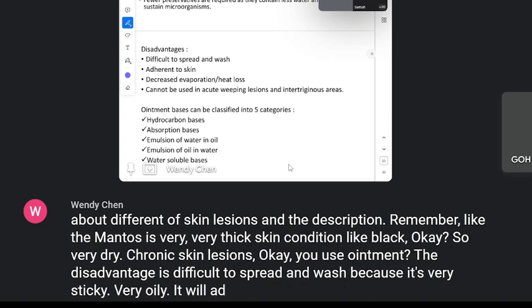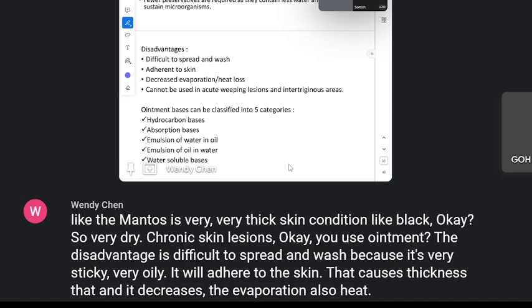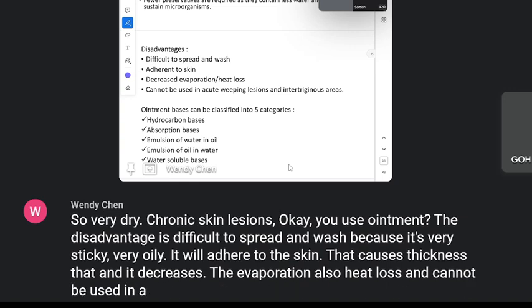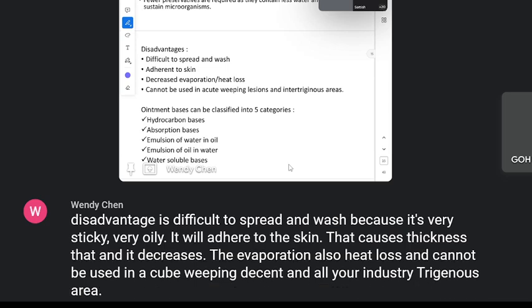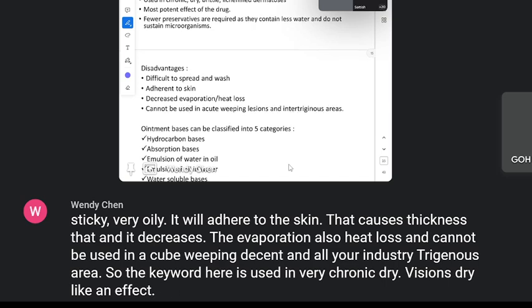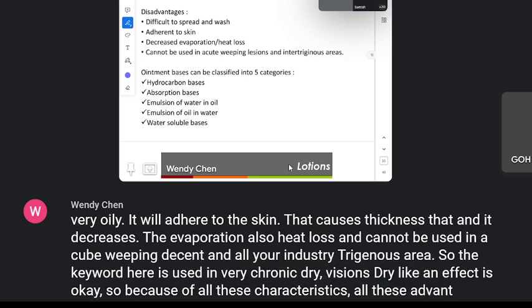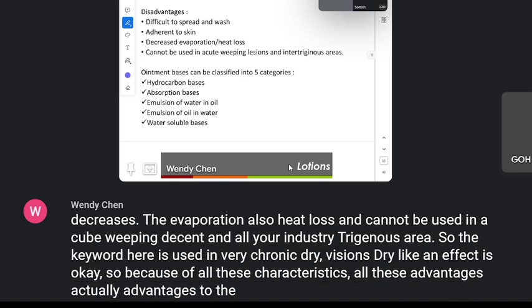It will adhere to the skin, causing stickiness, it decreases evaporation and heat loss, and cannot be used in acute weeping lesions or in intertriginous areas. So the key point here is to use it in very chronic dry lesions, dry lichenified dermatosis. Because of these characteristics, these disadvantages are actually advantageous for dry chronic skin.